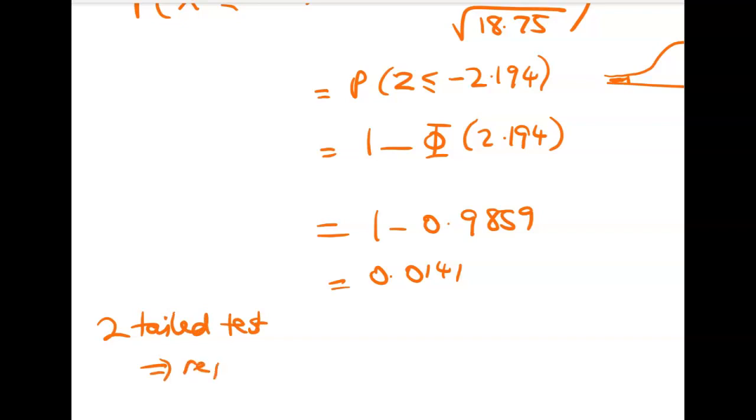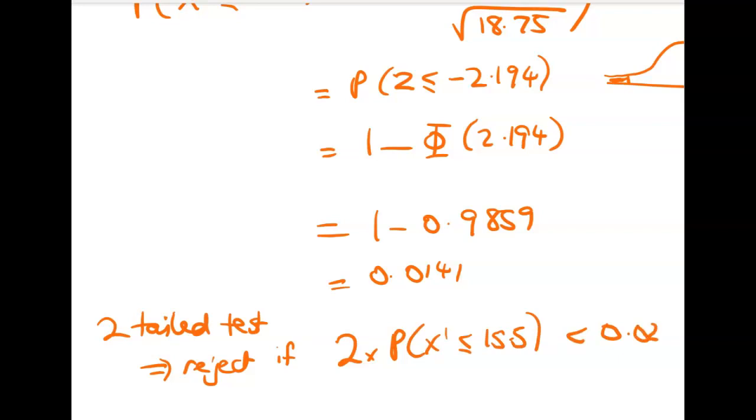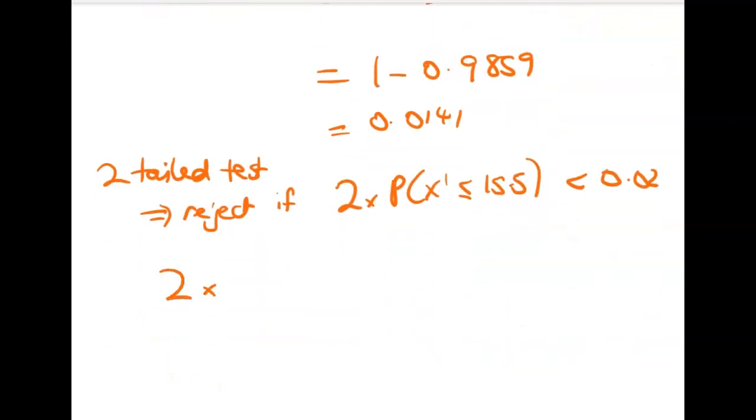So we reject if 2 times that probability is less than my significance level. So 2 times 0.0141 is a little bit too big. It's 0.0282, which is bigger than 0.02.